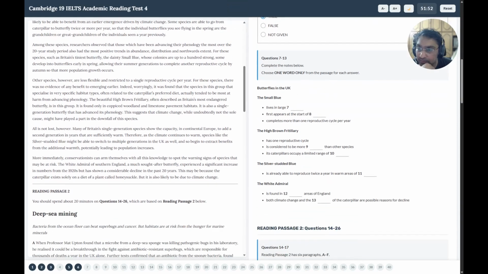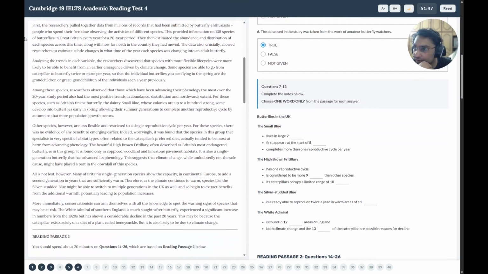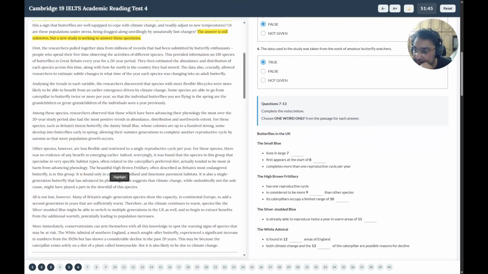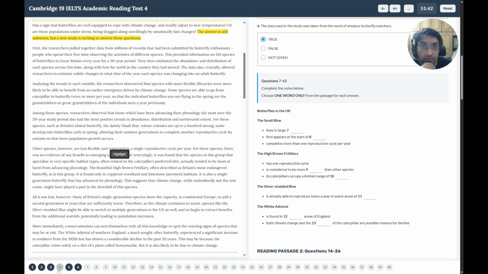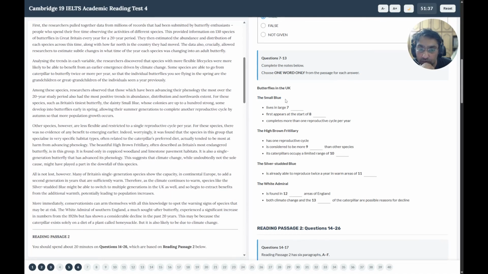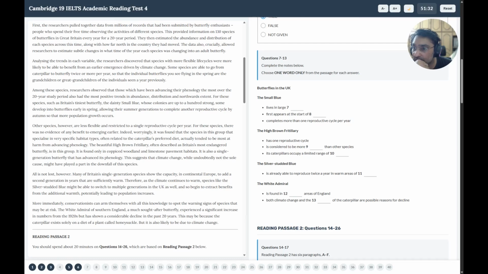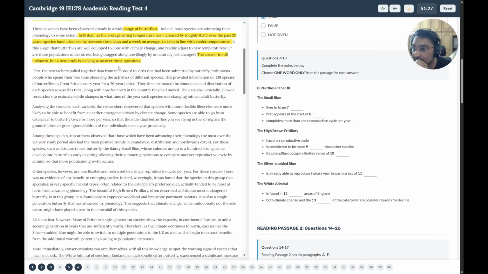We've got question number 7. So, these questions are going to be answered from here, I guess. Okay, so we're left with number 4. All right. Let's have a look at where they mention the small blue lives in large. So where is the small blue? The answer is... the species were more likely to benefit from earlier emergence.